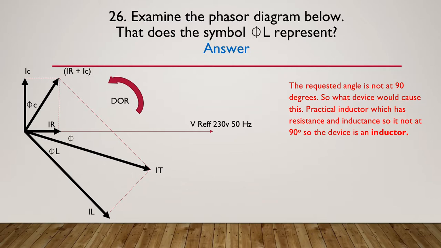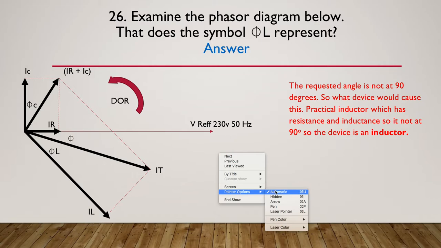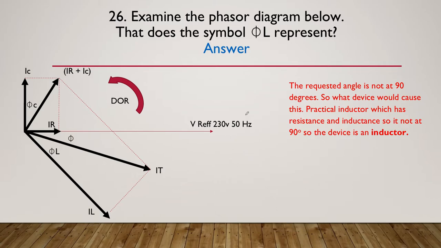So the answer in this case is an inductor. The label, first and foremost, should have probably given it away. Theta L means the angle in the inductor, and here it is, this angle all the way through there.